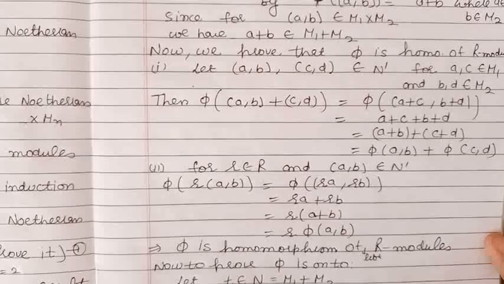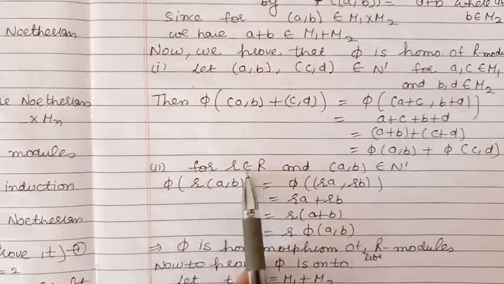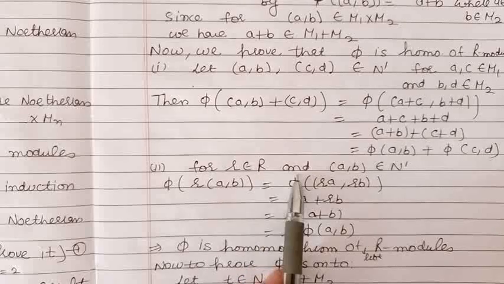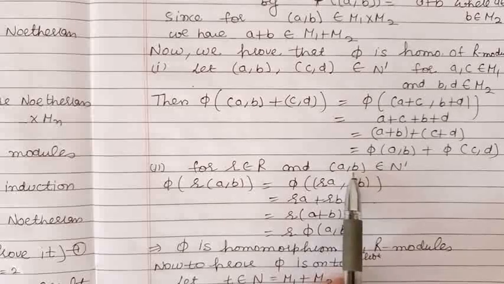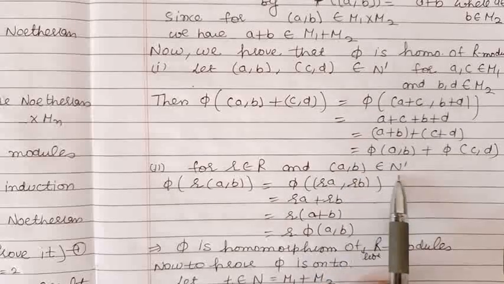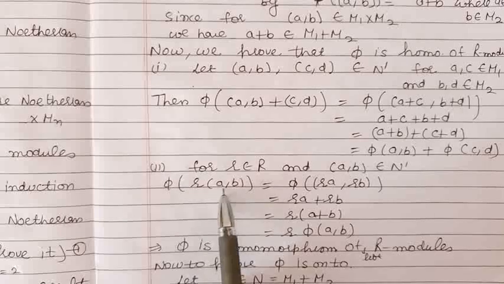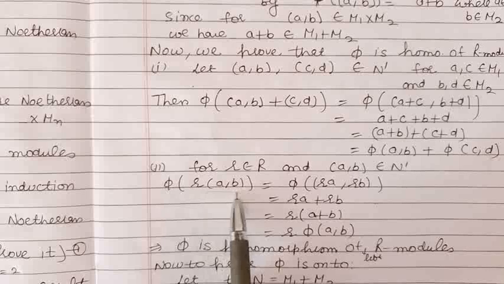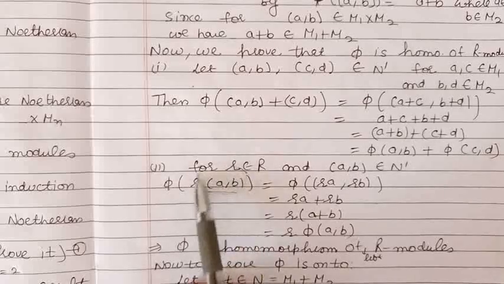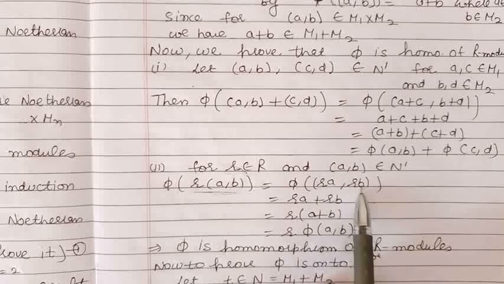Now for the second condition, let us take an element R belonging to the ring R and an ordered pair consisting of the elements A and B from the module N dash. Now let us find the image of R times the ordered pair (A, B) under the mapping phi. By definition, this multiplication can be written as (RA, RB).